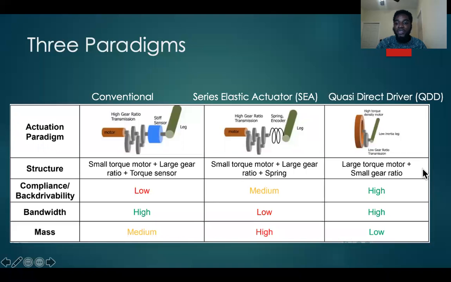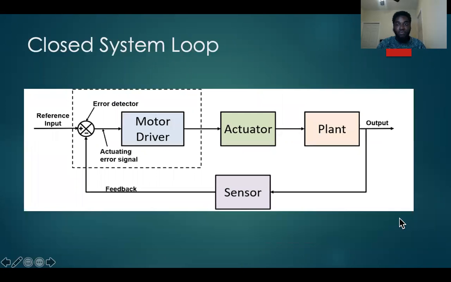So here we see how the three of them compare. One thing you begin to see is that the series elastic actuator has good benefits, but it is high in mass, and that becomes a problem. One thing that's important about the actuators is that they produce the final force to move the exoskeleton.